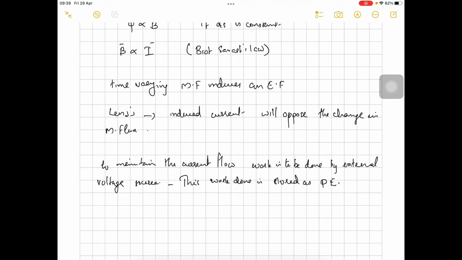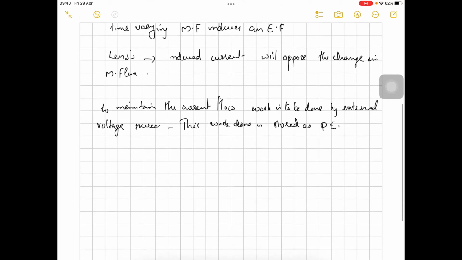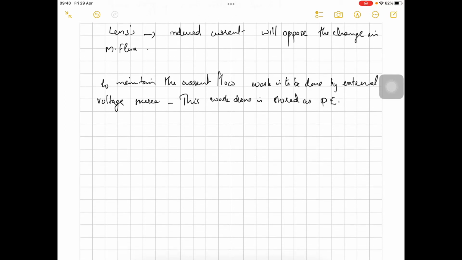Now we have to obtain the mathematical representation for this amount of work done. We know EMF is the work done to move a unit positive charge once along a closed path.